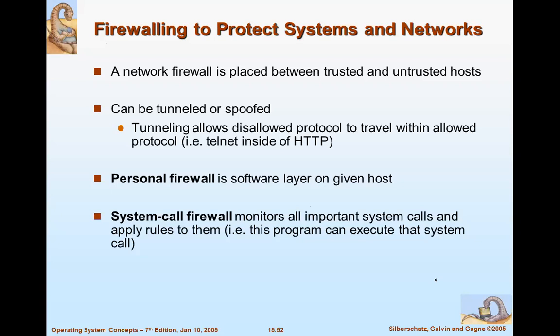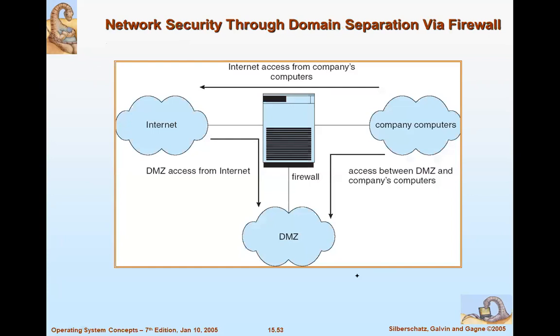Similarly, you can also have the personal firewall, which is again on the software layer. The system call firewall can also monitor all important system calls and apply rules to them. If there is any system call, you should verify or stop there for verification before it goes for execution.